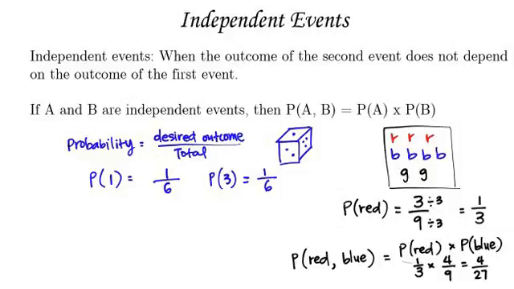This can't be simplified, so this is our answer. So the probability of picking a red and then, after replacing it, picking a blue would be 4 over 27. So this is independent events.